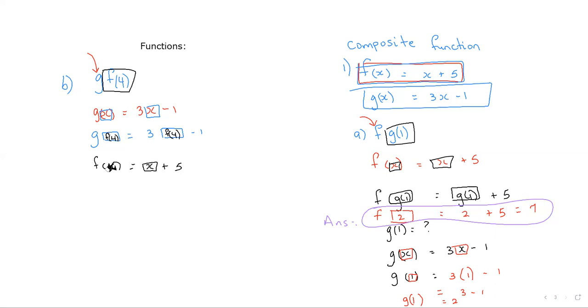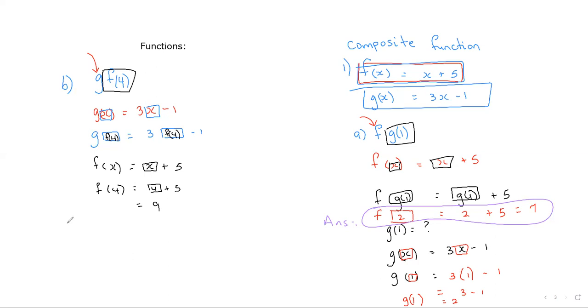Into the main function, which is f of x equal to x plus 5, everywhere I have x, I am going to put 4. So 5 plus 4 is 9.